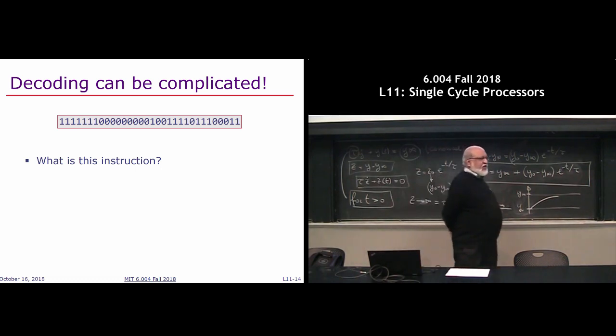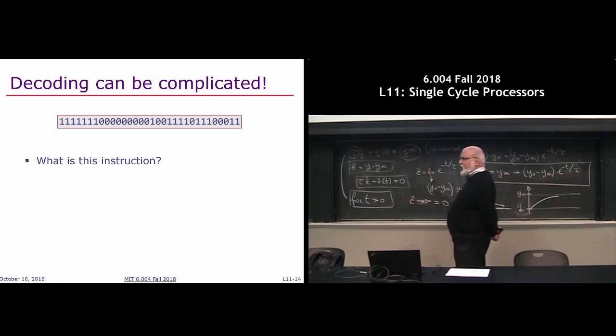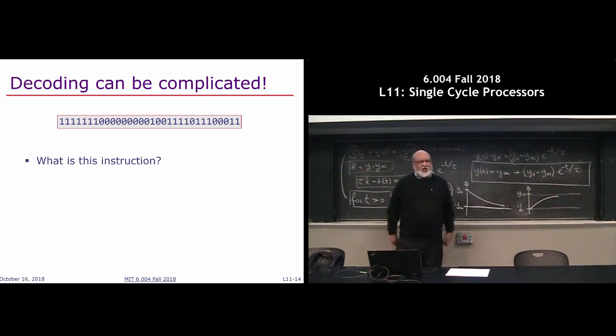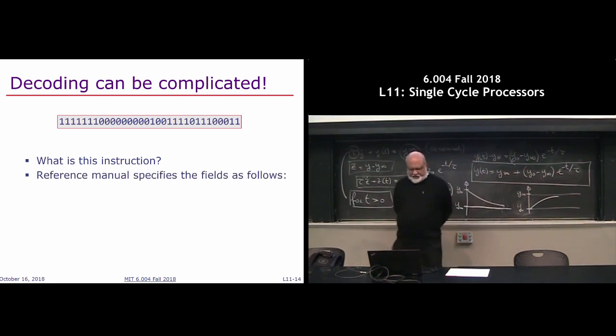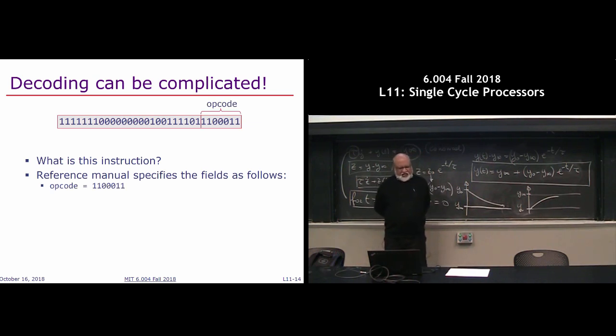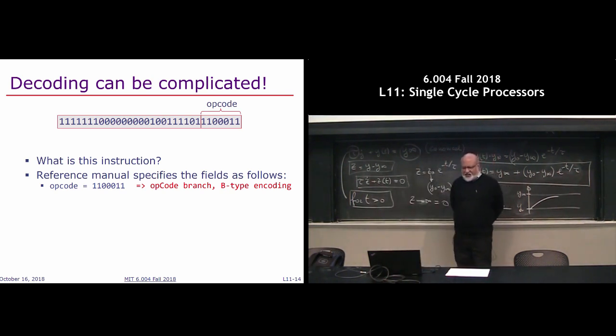Okay. Now just to remind you how complicated decoding can be, let's look at this one. Again, we pull out our ready sheet for figuring out what instructions mean, and it says opcode, this means it's a branch type, B type of instruction. Good, all right, I can understand that.